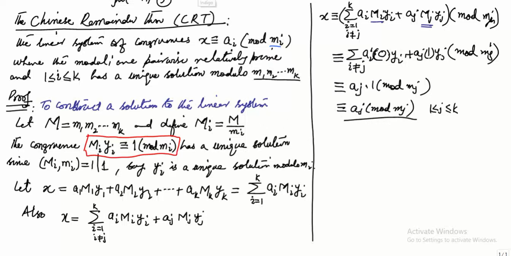The second part of the result is to show that the solution is unique modulo m.